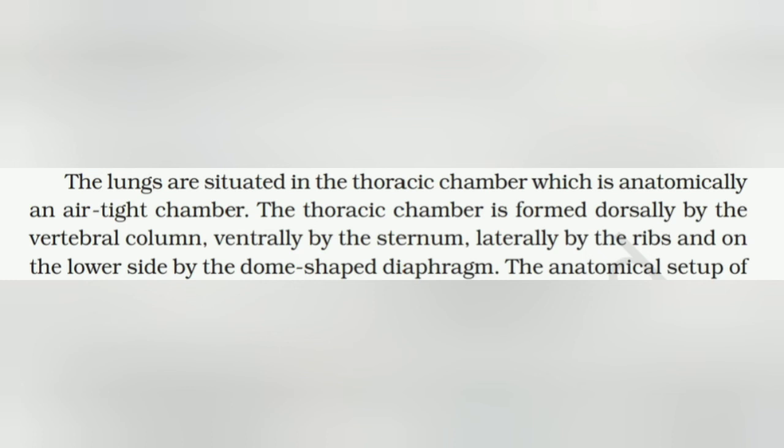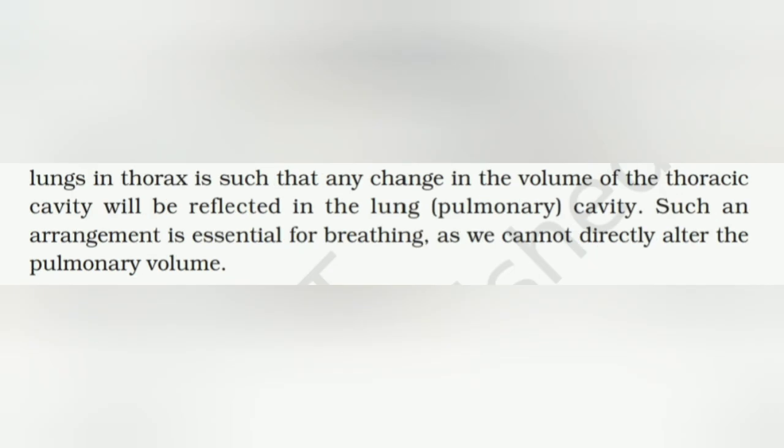The anatomical setup of the thoracic chamber is such that any change in the volume of the cavity will be reflected in the lung cavity, known as pulmonary cavity. So there are two places, one outside the lungs known as thoracic cavity and one inside the lungs known as pulmonary cavity. Both are connected to each other.